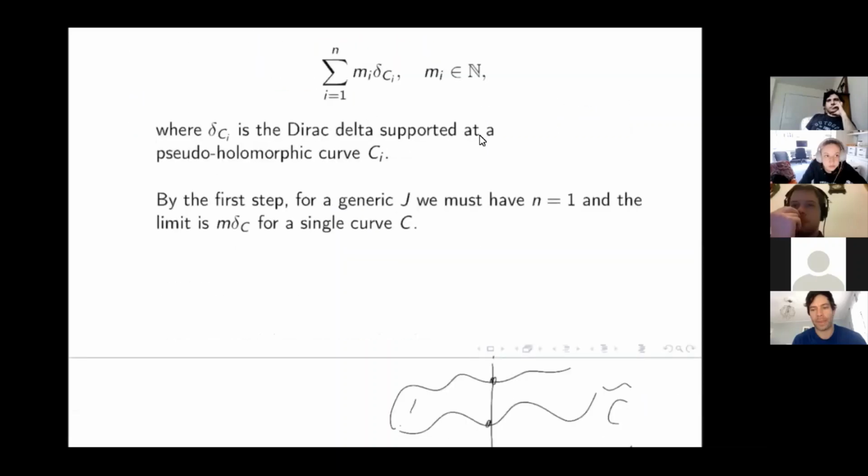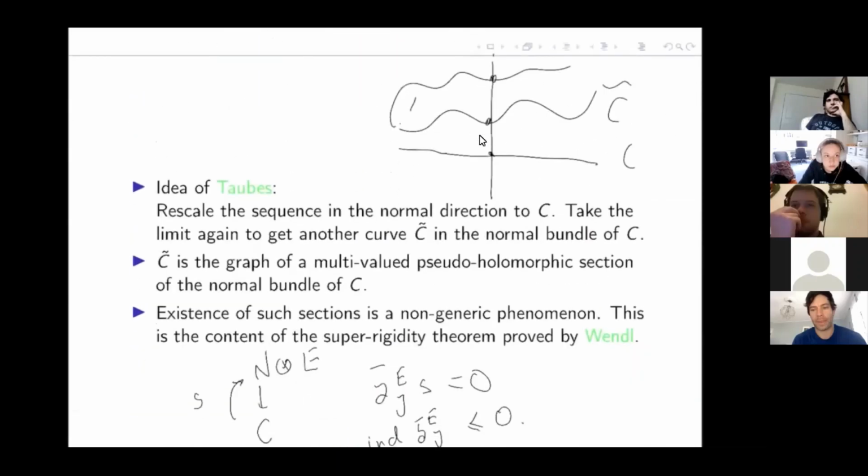In the second part of the argument, when we do this rescaling and we get C twiddle, we actually don't know that it's embedded, because it's not J-holomorphic with respect to the original J, because once you start rescaling, you change J. So it's J-holomorphic with respect to some other J. But for that one, we don't actually need it to be smooth.